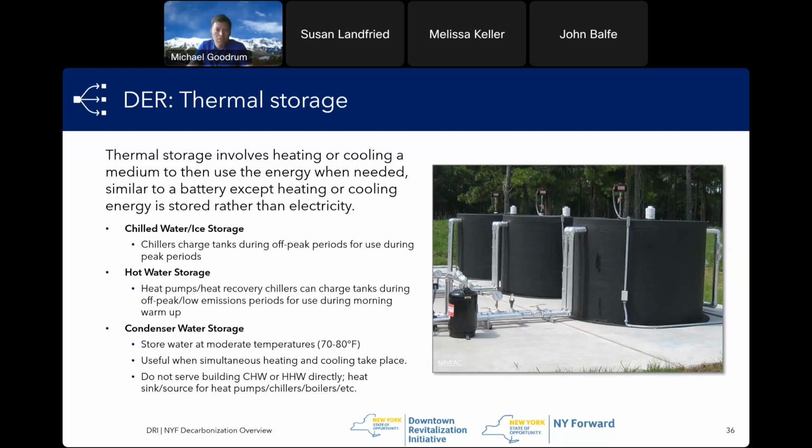The thermal storage can be another way. Obviously, if the power went out and you can't charge up the tank, it has a limited capacity, but it still means that you could maybe make use of the tank to keep things comfortable for longer. So that's another good strategy, and can be really effective when combined with heat pumps or electrification strategies.